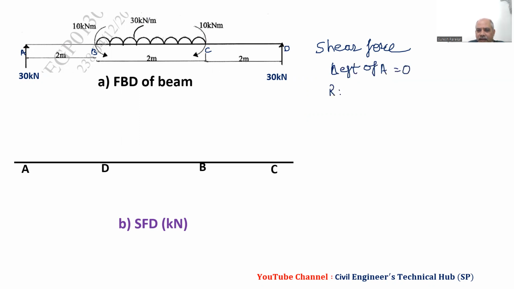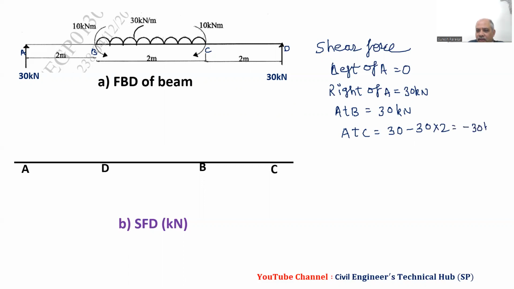Then right of A, 30 kilonewton. Then at B, 30 kilonewton, no change. Then at C, we have 30 minus 30 into 2, which is minus 30 kilonewton, meaning downward.